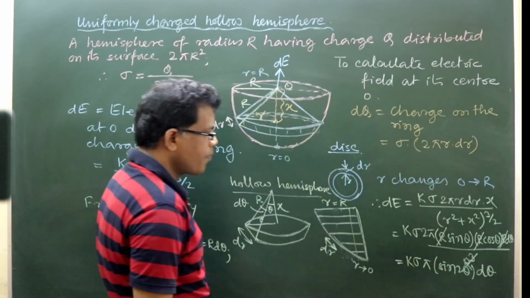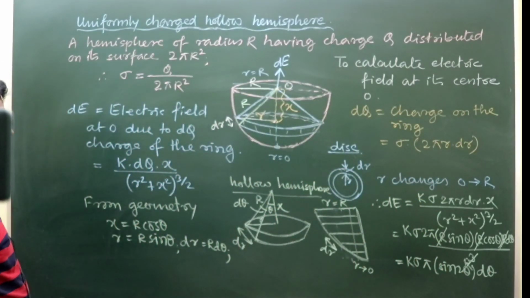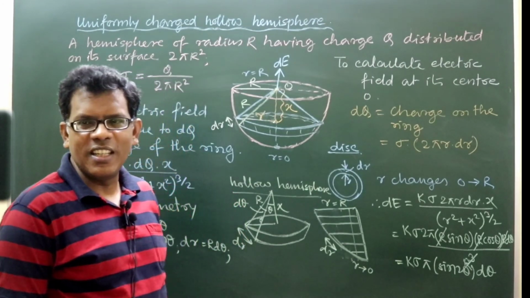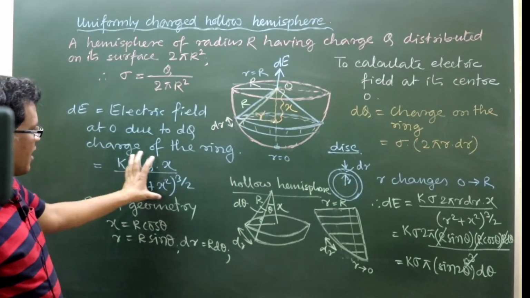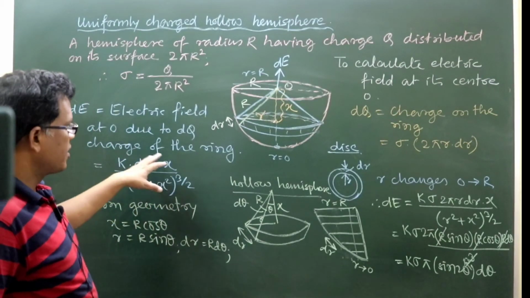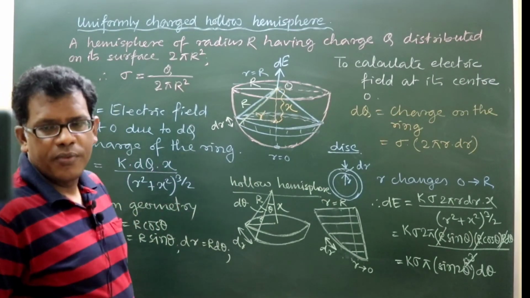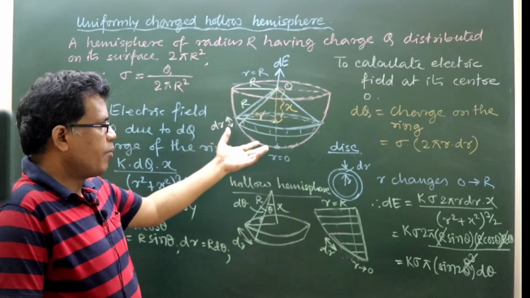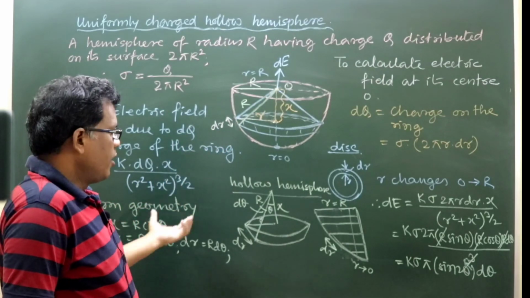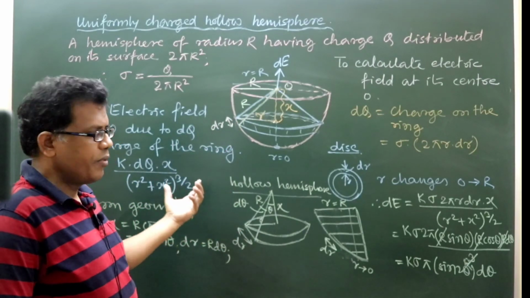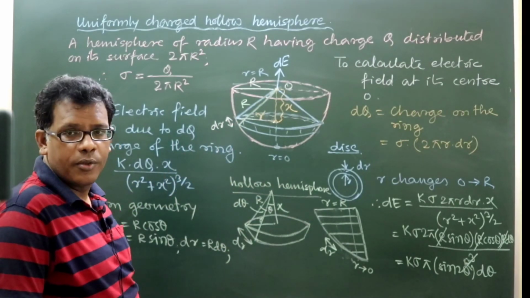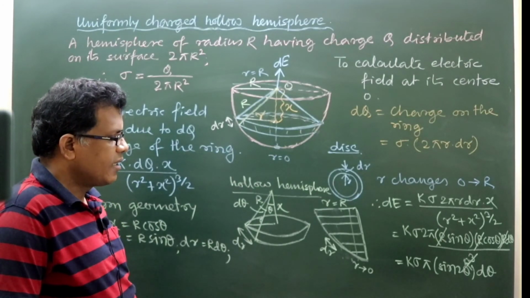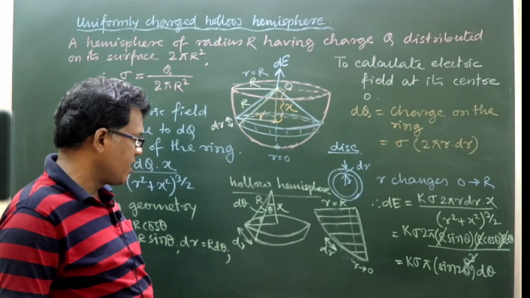Got it now? So the simplified expression of dE, which we started with the formula for the electric field due to the charge of a ring, we proceeded with that, then using mathematical logic we have transformed it into this form, right? Now you can see, is it now integratable? The answer is yes.